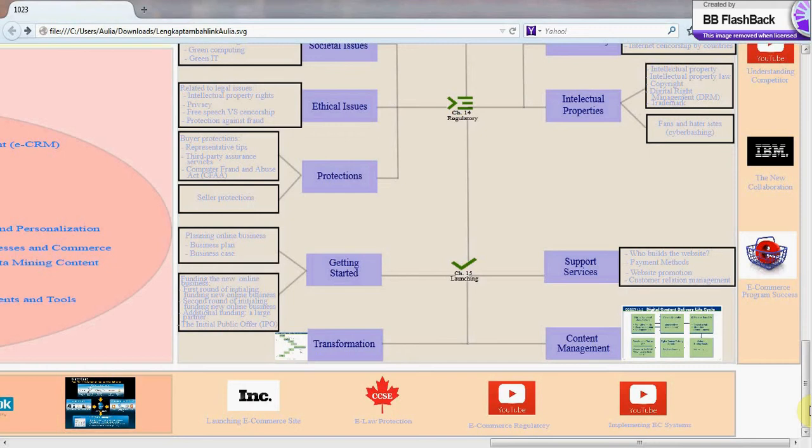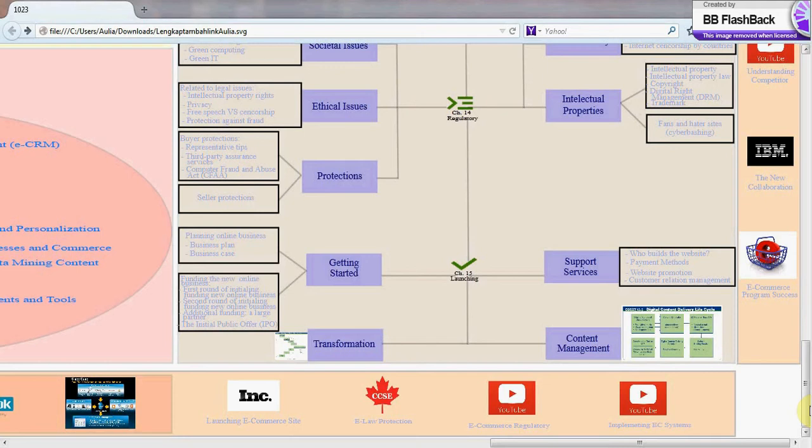First of all, you have to plan your online business. You have to make a business plan, and you have to analyze some case from business case. You can learn it from your friends, or you can search some articles about it.